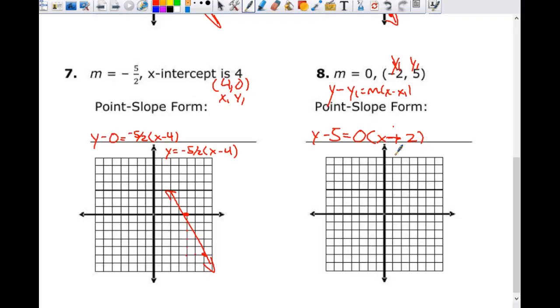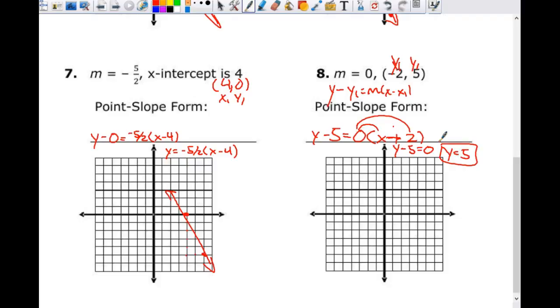Okay, distribute the 0. 0 times x is 0, 0 times 2 is 0, so 0 plus 0 ends up being 0. So we have y minus 5 is equal to 0. y is equal to 5. That's your equation.